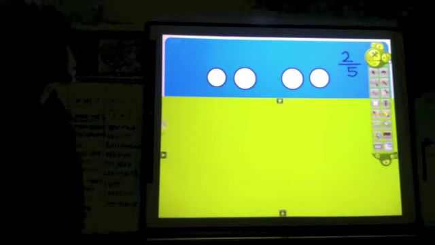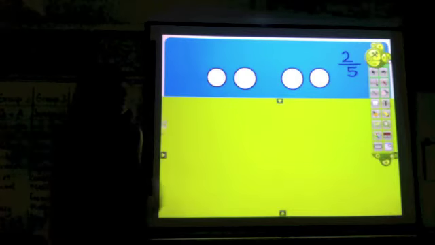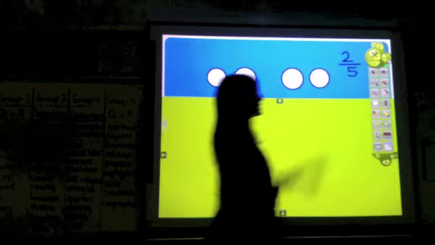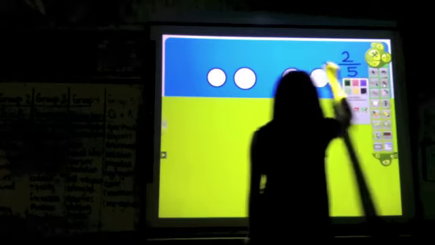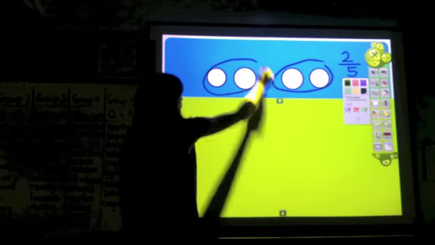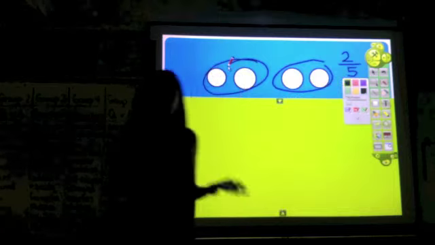All right, let's do another problem. Let's say that these counters represent 2/5 of my whole. Well, remember, our denominator always represents the number of groups we have. So right now, we're showing 2 out of 5 groups. So I know in order to have 5 groups, I need to add 3 more groups to this.